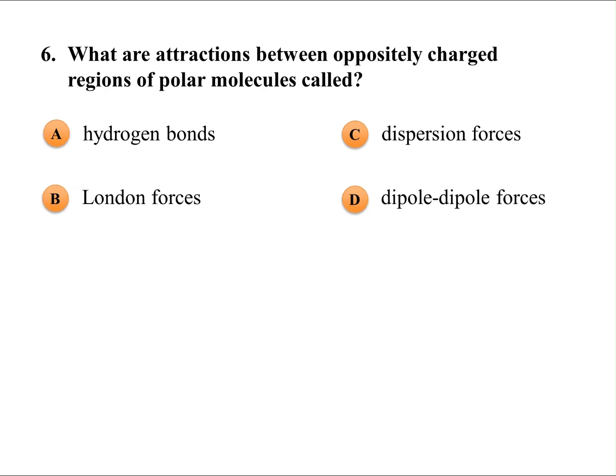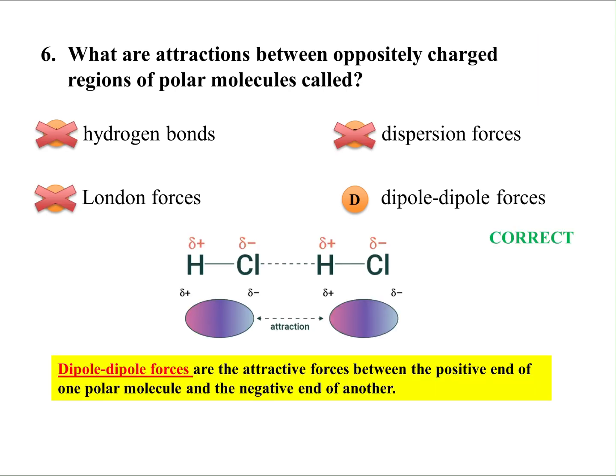What are attractions between oppositely charged regions of polar molecules called? The correct answer is D.